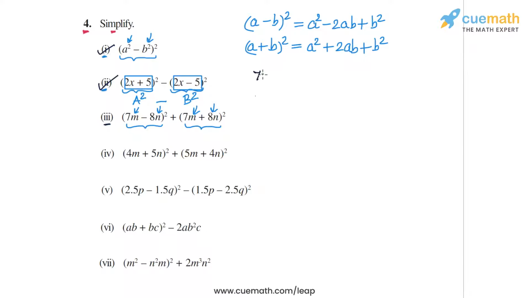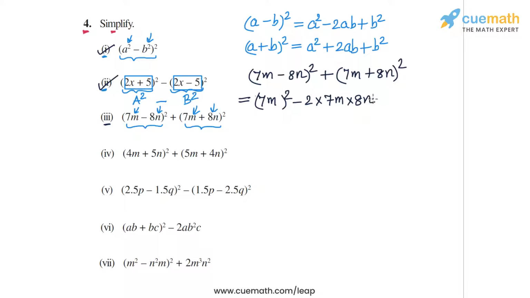So we have (7m − 8n)² + (7m + 8n)². So let's expand the first part. (7m − 8n)² will be (7m)² − 2ab, so −2 into 7m into 8n, and then we have + b², so + (8n)².